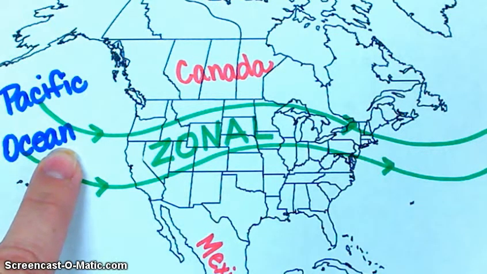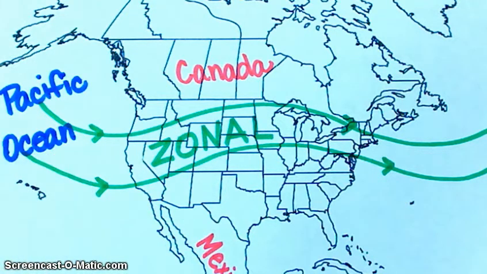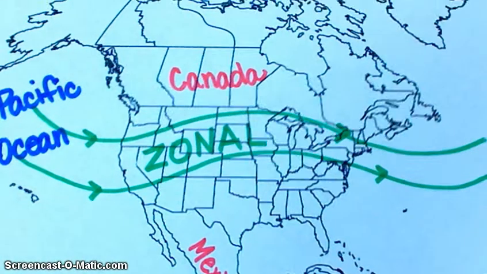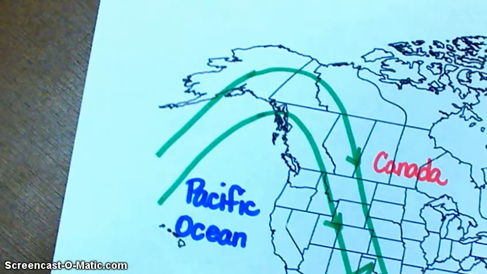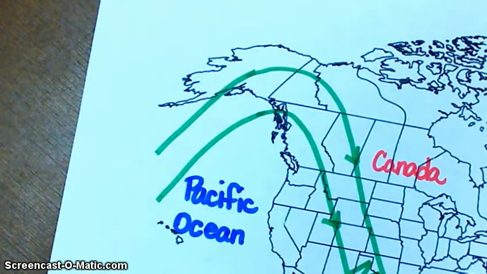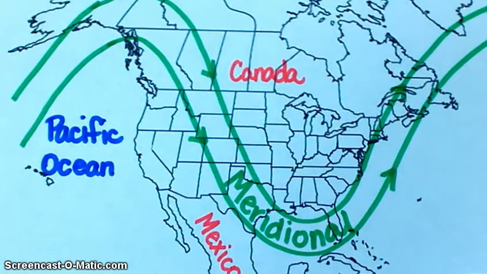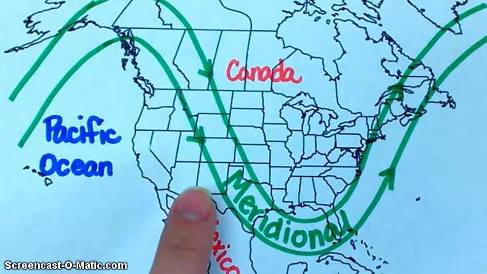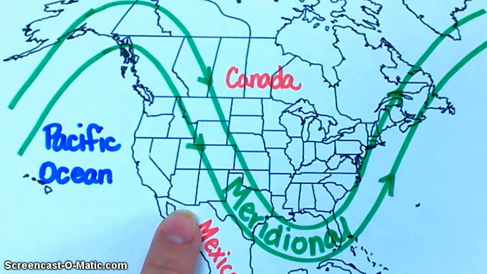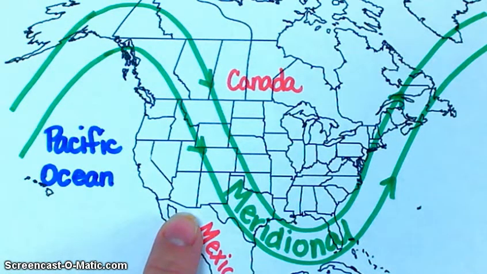On the other hand, when the upper air westerly flow pattern is meridional, the source regions for air masses over the lower 48 states are Canada, where the winds are from the northwest, or Mexico or the Gulf of Mexico when the winds are from the southwest. So this would be the situation in the United States with a meridional pattern.